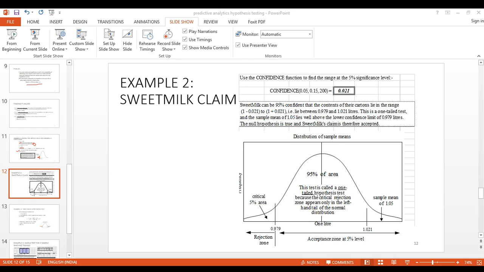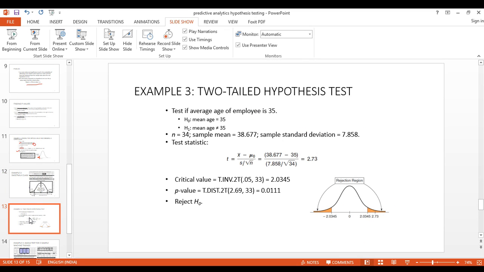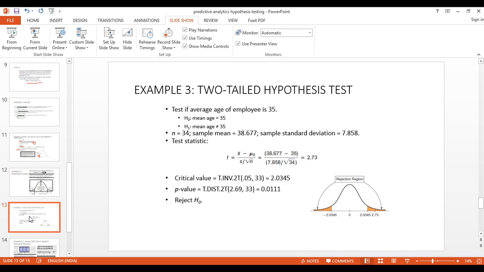Let's go back to our Microsoft Excel and let's say a two-tailed hypothesis test. So if we go to a company and they say the average age of employees is 35 years. So our null hypothesis is mean age equal to 35, and the alternate hypothesis is mean age not equal to 35.